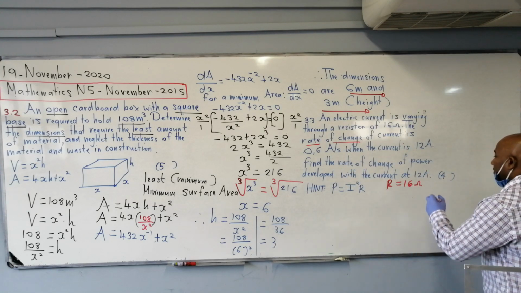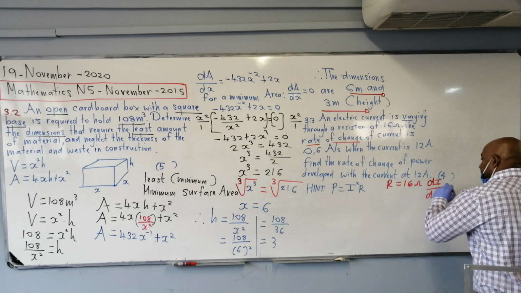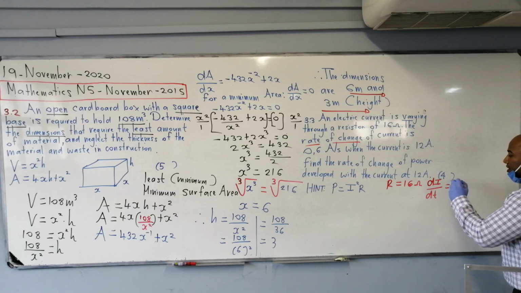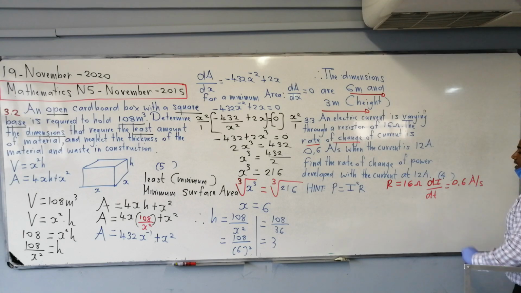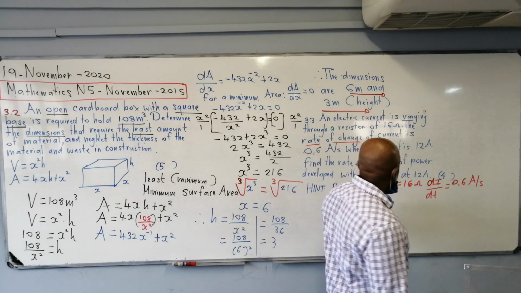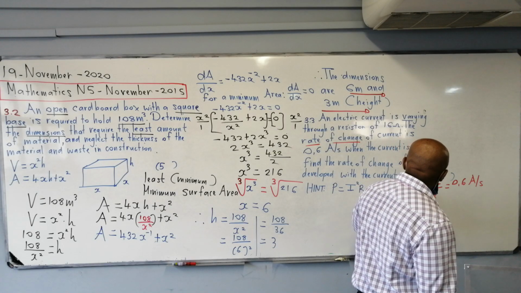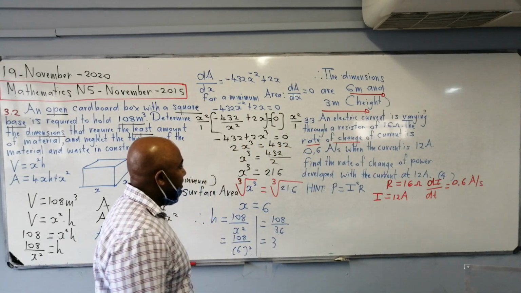See? So we're going to go di/dt, the rate of change of current with respect to time, which is 0.6 amperes per second when the current is 12 amps. So when your current is at 12 amps, the rate of change there is 0.6.